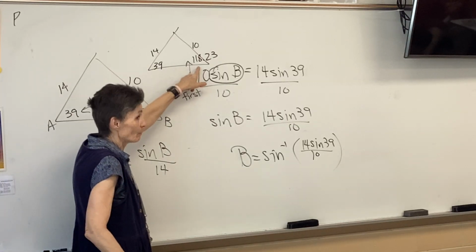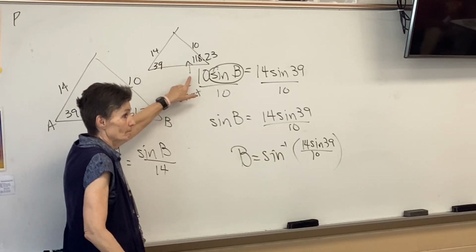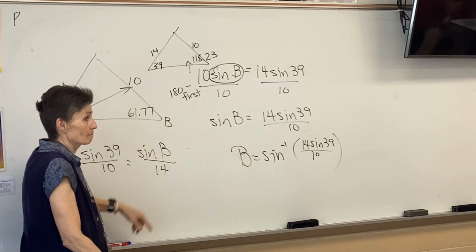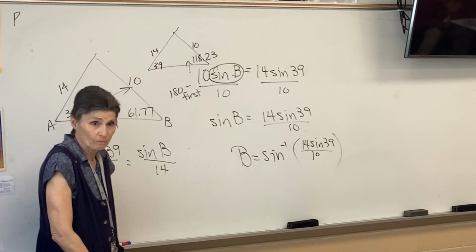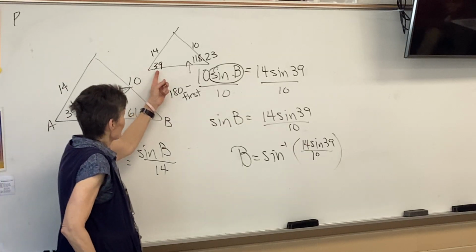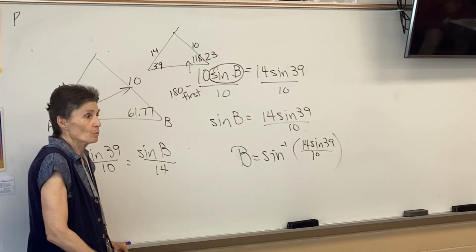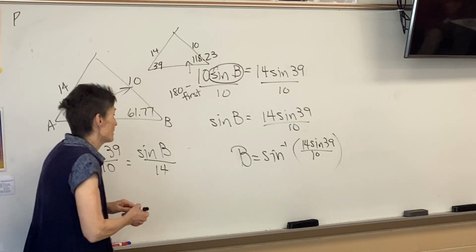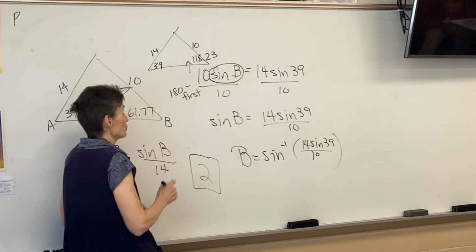Is that possible? What's the rule for a triangle? It has to be 180. 39 and 118 is not 180. There's room for more. Therefore, there are two possible solutions.